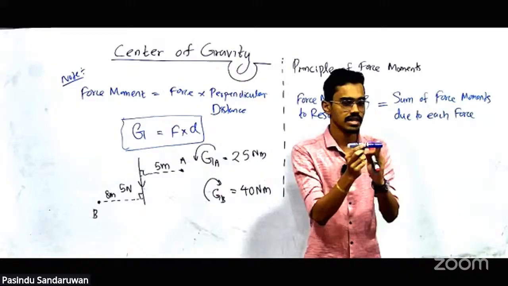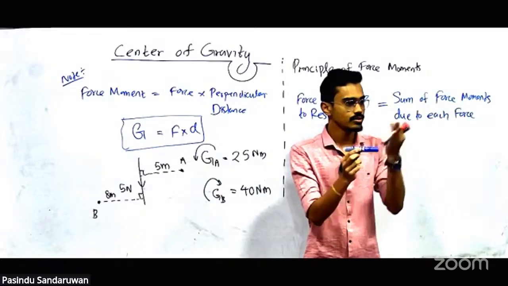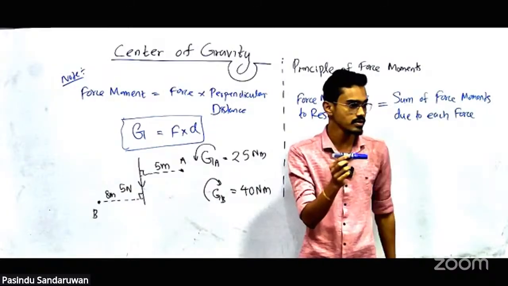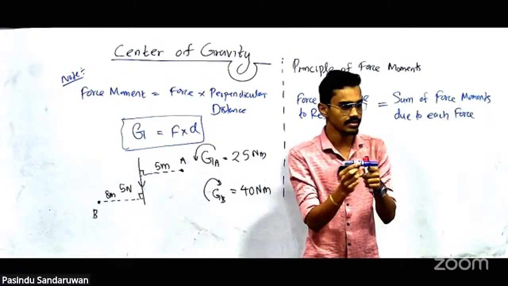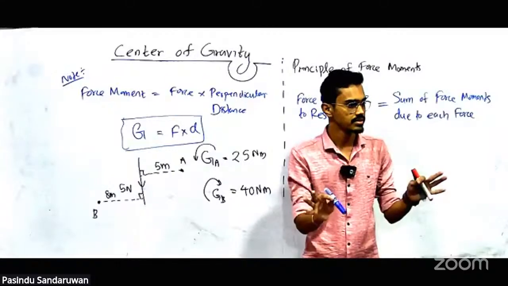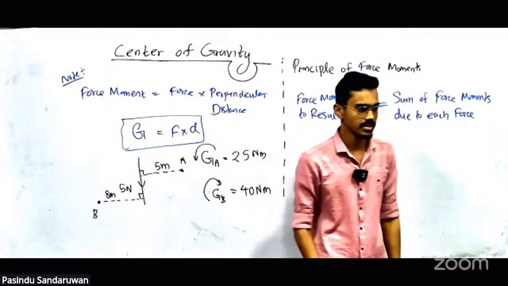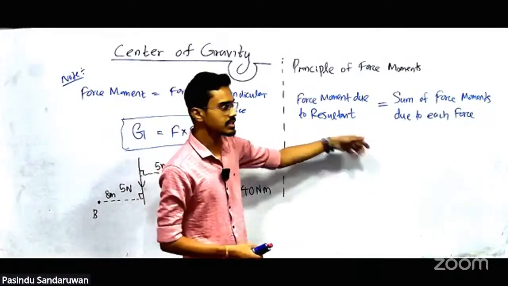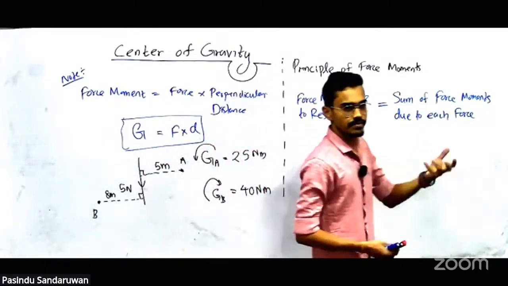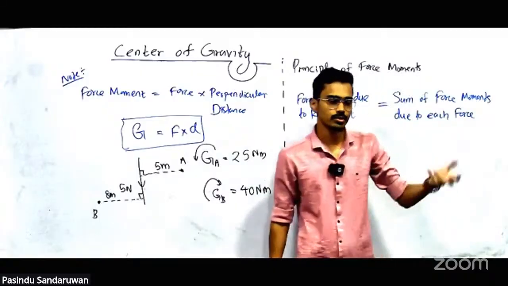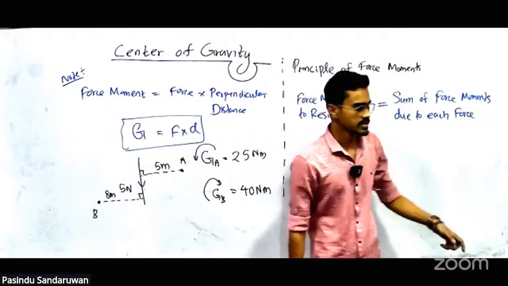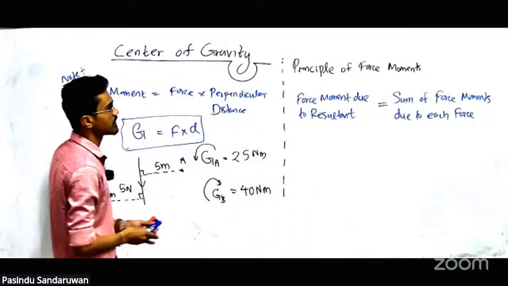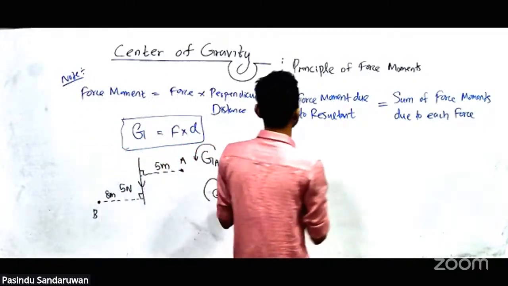The single resultant should always be equivalent to those 4 forces, so the equilibrium is unharmed and unimpacted. Therefore these two are equal: the force moment due to resultant is equal to the individual force moments due to each force. First take this down, then I'll give you something in numbers. Principle of force moments, and highlight this.